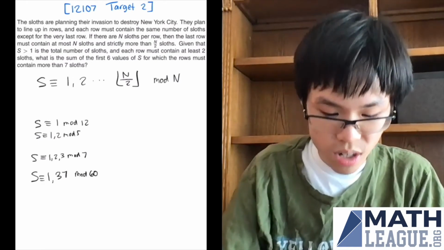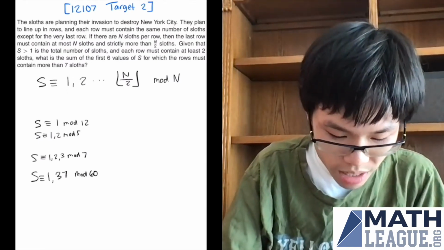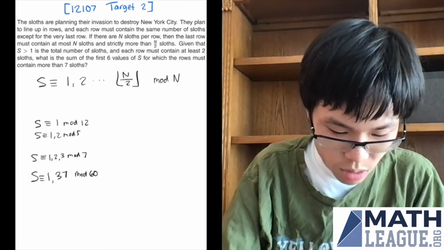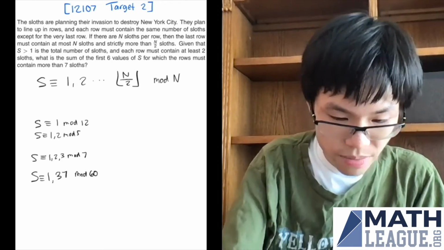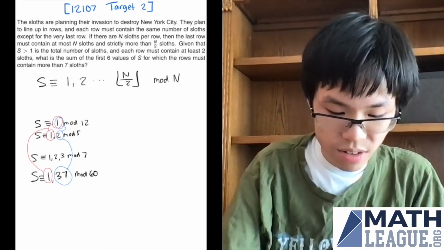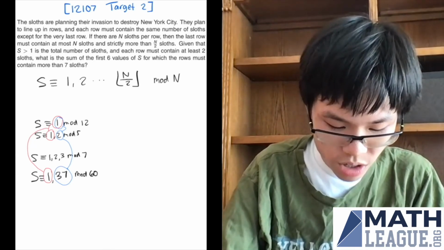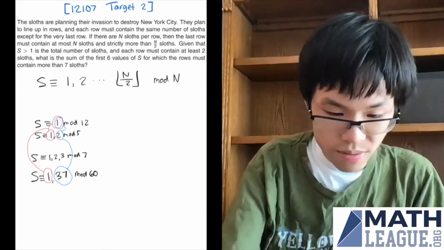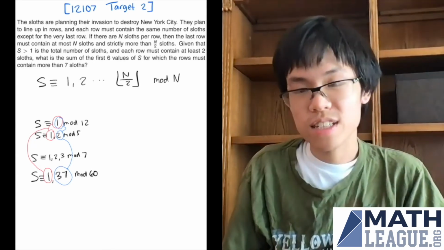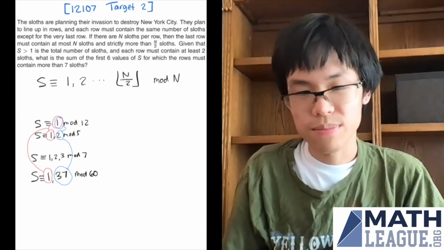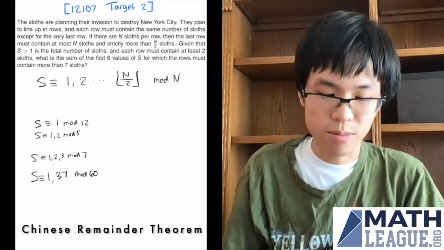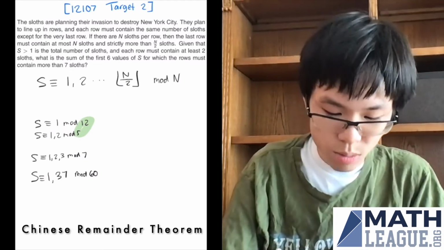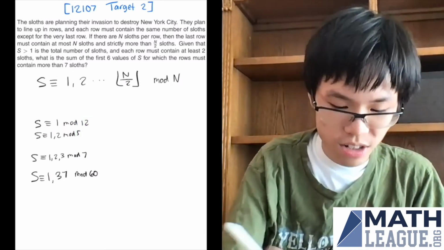You may notice how if you take the 1 and then the 1, it results in only 1 value, or if it's 1 and then the 2, you go to just the 37. That's something from the Chinese remainder theorem, where you notice how 12 and 5 don't share a common factor.